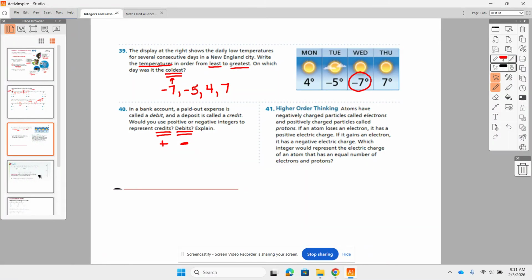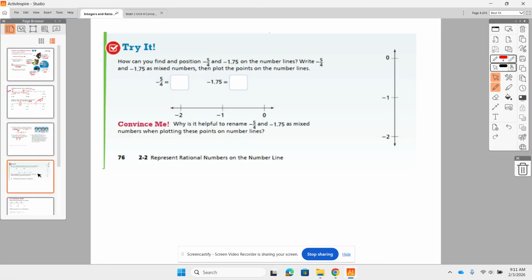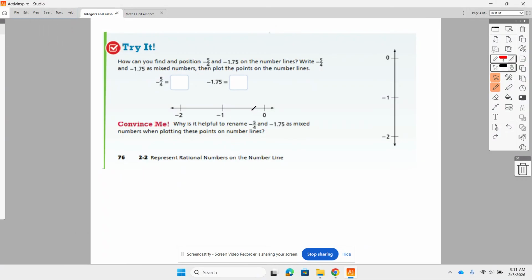Let's look a little bit further though, because we're not just going to stick with integers. We're also going to need to put some rational numbers like negative fractions and decimals on a number line. This is where you're going to have to use some more complex skills. Sometimes you might see improper fractions or negative decimals.